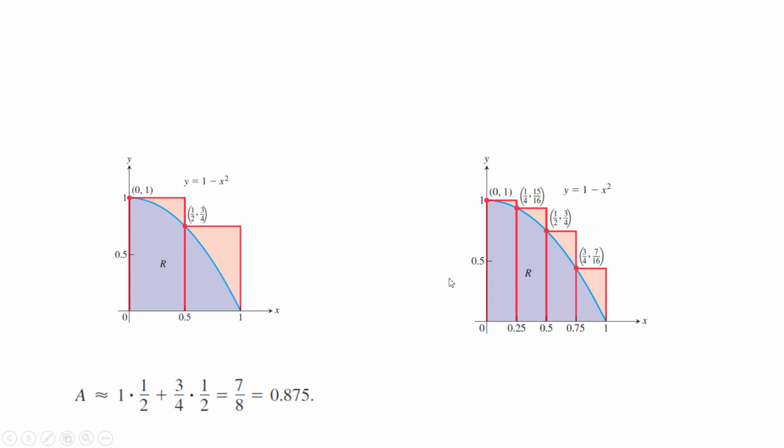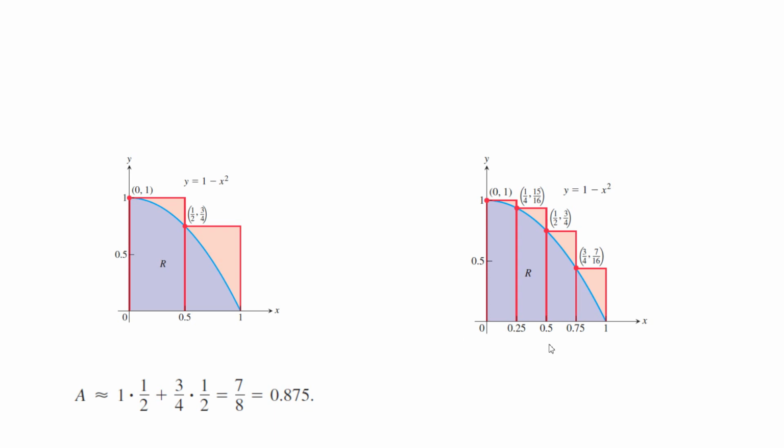Again, we try more rectangles. That is, we subdivide this interval 0 1 into 4 subintervals in order to reduce this error. Okay, so again we'll use the same method to form these rectangles. Now since we have divided the interval into 4 equal parts, the length of one interval will be 1 over 4.